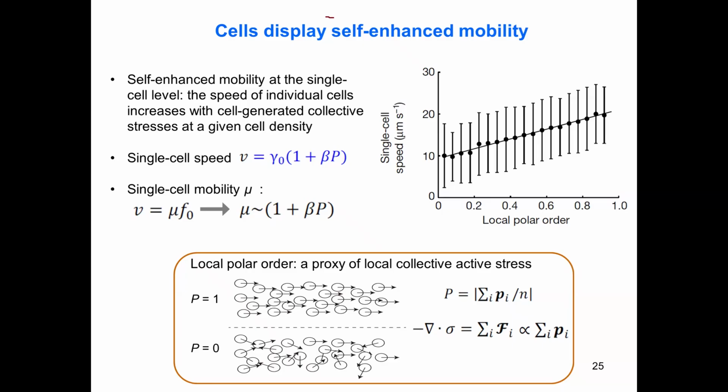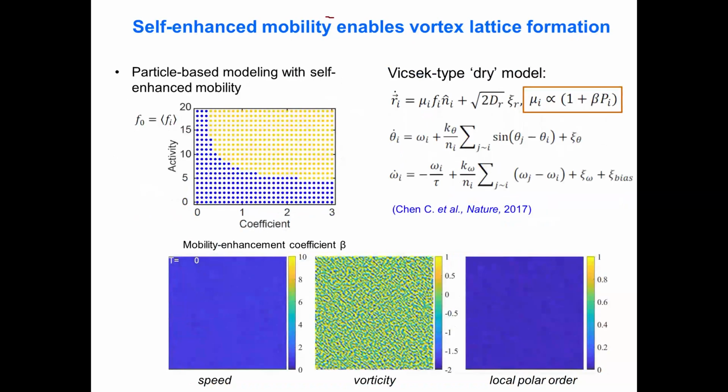So we put forth this idea into a Vicsek-type particle-based model. In this model, we modify the speed of particles by incorporating this relation between mobility and local polar order of the neighboring particles.